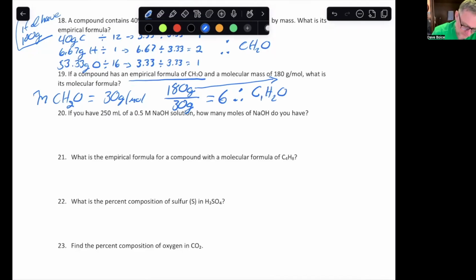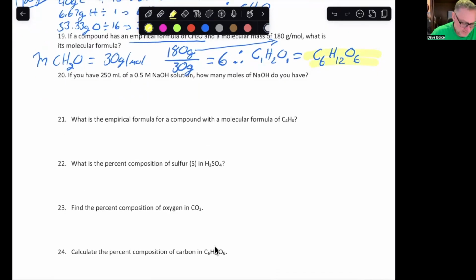And normally we don't write the ones, but let's just go ahead and do it anyway. So if we multiply this by 6, that's going to equal C6H, and 6 times 2 is 12. And then O, 1 times 6 is 6. And so that's going to be our final answer. So you're going to end up doing quite a bit of those. So there you go.